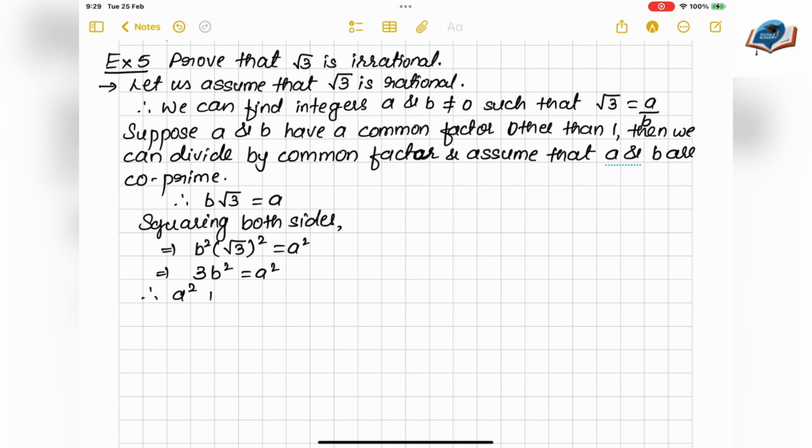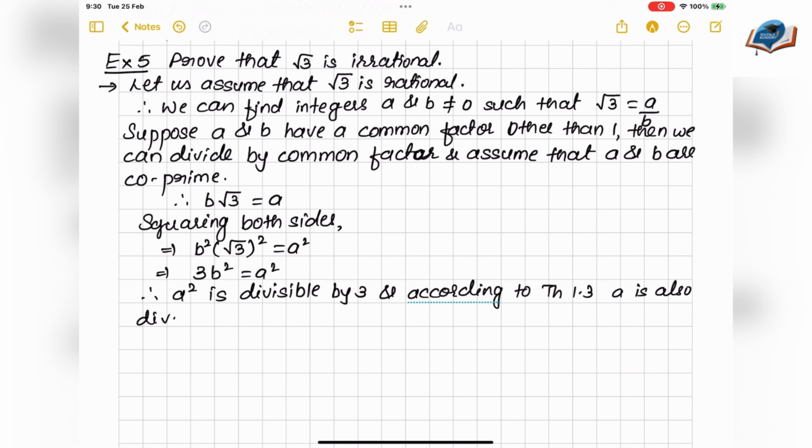Therefore, a square is divisible by 3, and according to theorem 1.3, a is also divisible by 3. Therefore, we can write a equals 3c for some integer c.